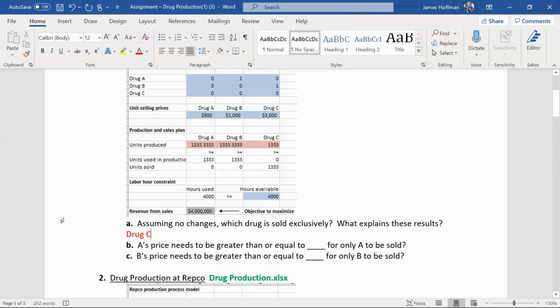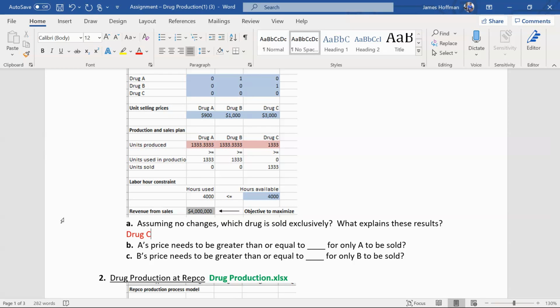And then, what explains these results? Remember, we learned a concept last time that explained why one drug is being sold as opposed to the others, and there's only one input to the production process.